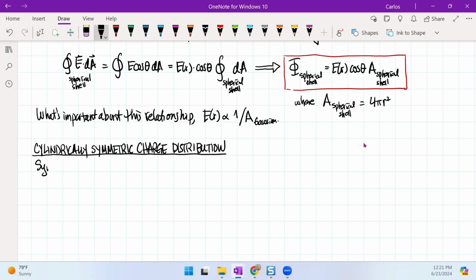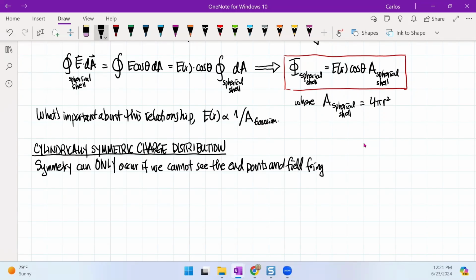So symmetry can only occur if we cannot see the endpoints and field fringing, right?